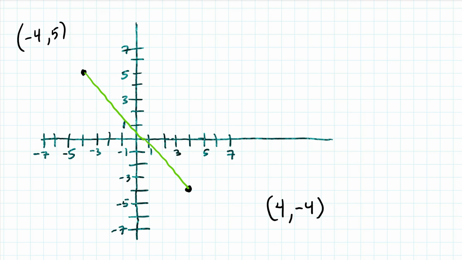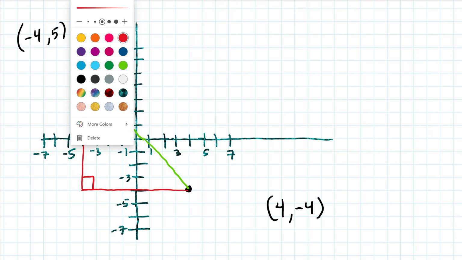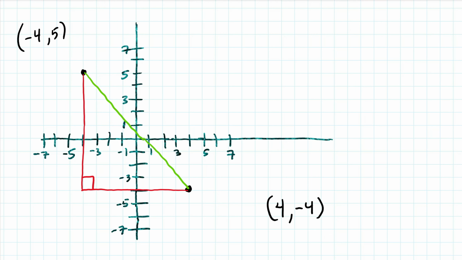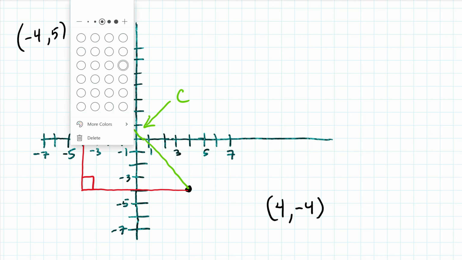So we create a right triangle just by dropping a vertical line straight down to where it meets up with the horizontal line coming from the other point. So now you can see that this is a right triangle. If that's a right triangle, then the side opposite, that green side, is the side C. The other sides will be our A and our B, right?